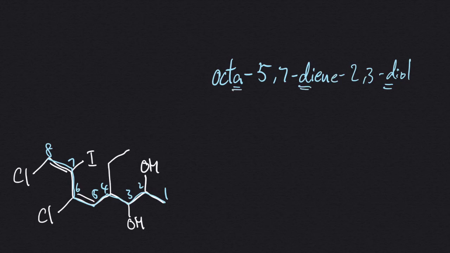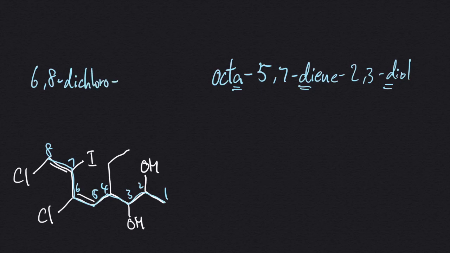Afterward, we will name the other substituents like chloro, iodo, and ethyl. According to alphabetical order, we will name the chloro substituent first. For the chloro substituent, we have 2, in the positions of 6 and 8. So the name will be 6,8 because we have 2, so dichloro. And we will name the ethyl group.